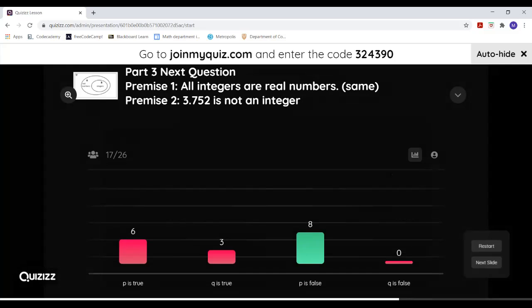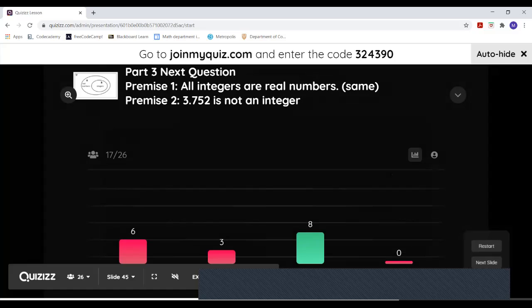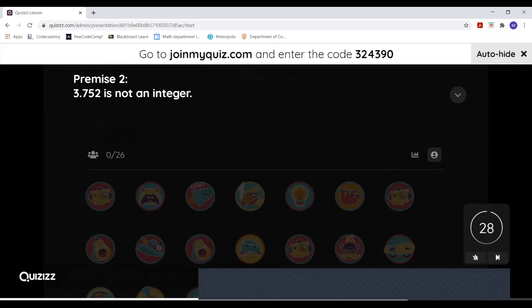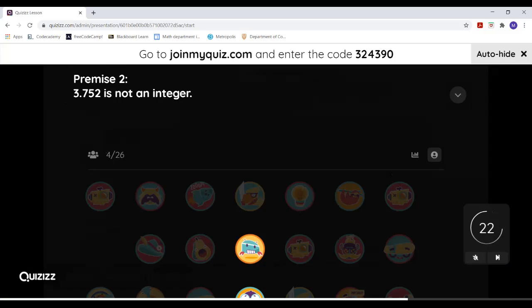If it is saying it is not an integer, the keyword being there not would indicate that it is false. So I think most of us are getting that it is a P statement. When they say not, they are saying that thing is false, right? So if it is not an integer, what does that look like as far as drawing it on a Venn diagram?